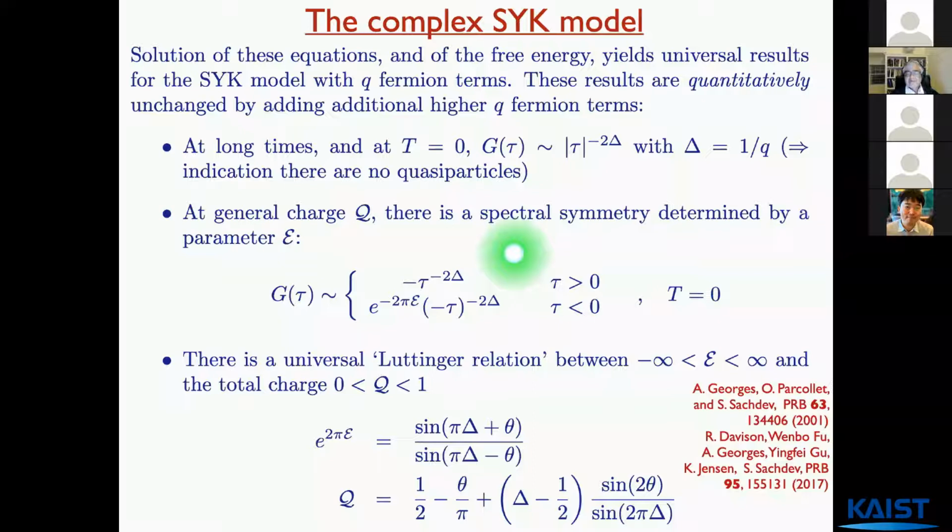It's really quite difficult to find any other examples. This is really the first solvable example of such a state. Now, one thing we know about a Fermi liquid is that there's a very deep theorem called the Luttinger theorem, which relates an infrared property, the size of the Fermi surface, to a UV property, the total charge.